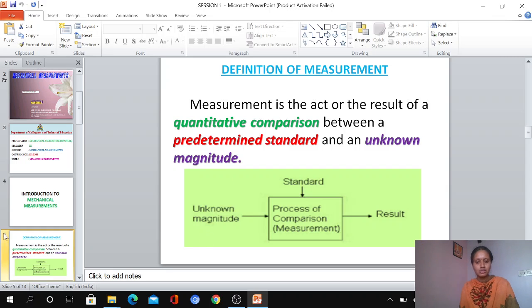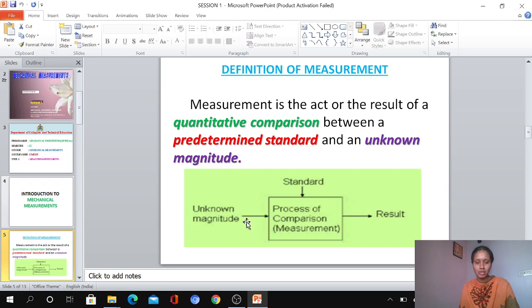Okay. So here we can come across a small simple diagram which shows the measuring process. So this entire thing is nothing but the measuring process. For any type of measurement, we need to use a standard, right? We are going to measure an unknown magnitude.